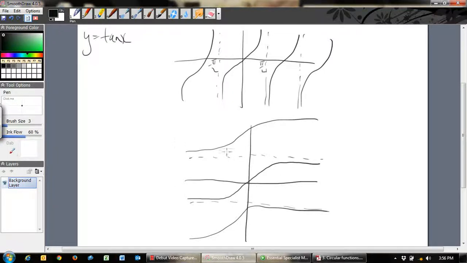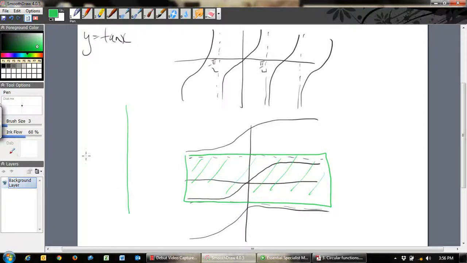Again, this is not a one-to-one function, so this is not a function. What do we need to do to make it a function? All we do is restrict it to these values here. So our function ends up looking like this: we get asymptotes up here and down there, at negative pi on 2 and pi on 2.